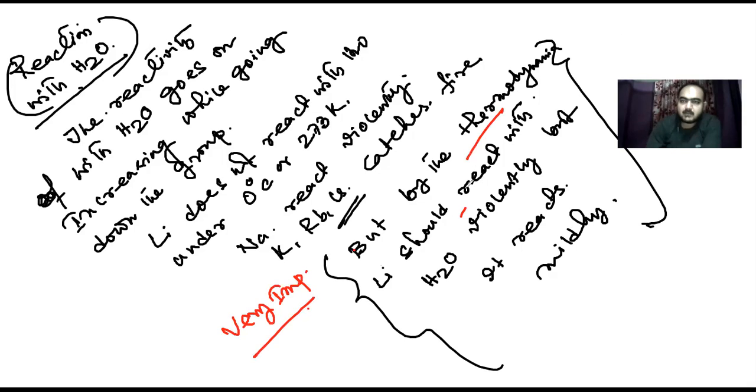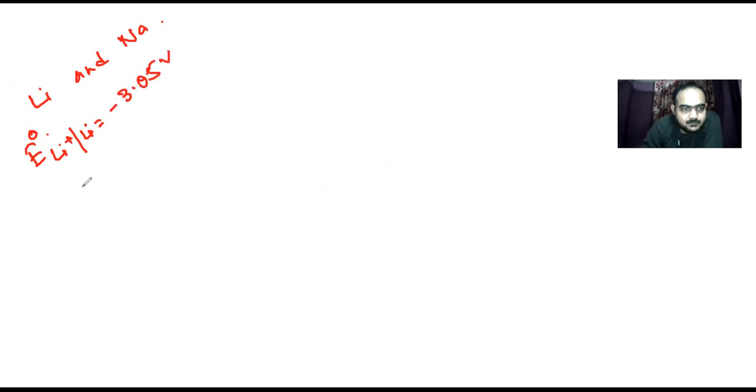How is this possible? We are comparing lithium and sodium. Lithium has a reduction potential, E0 of Li plus to Li, equal to minus 3.05 volt. E0 of Na plus to Na is equal to minus 2.51 volt. Now what happens?